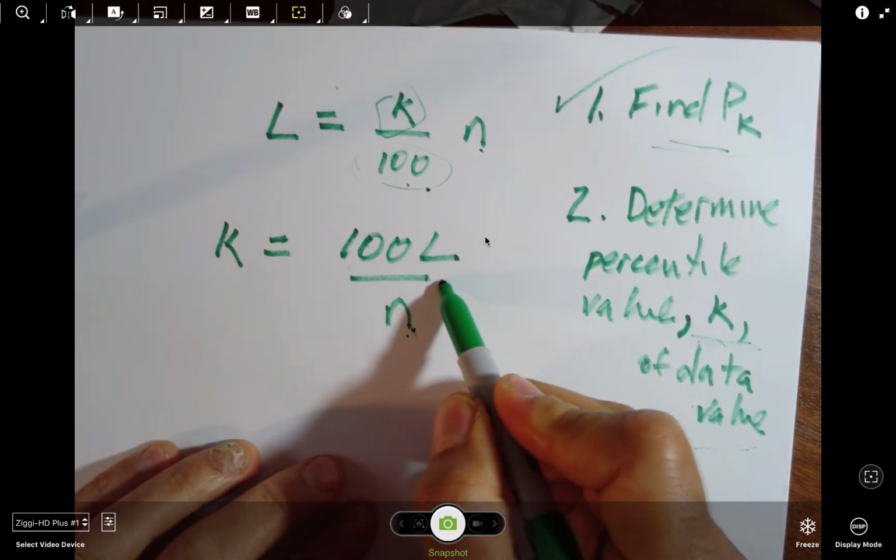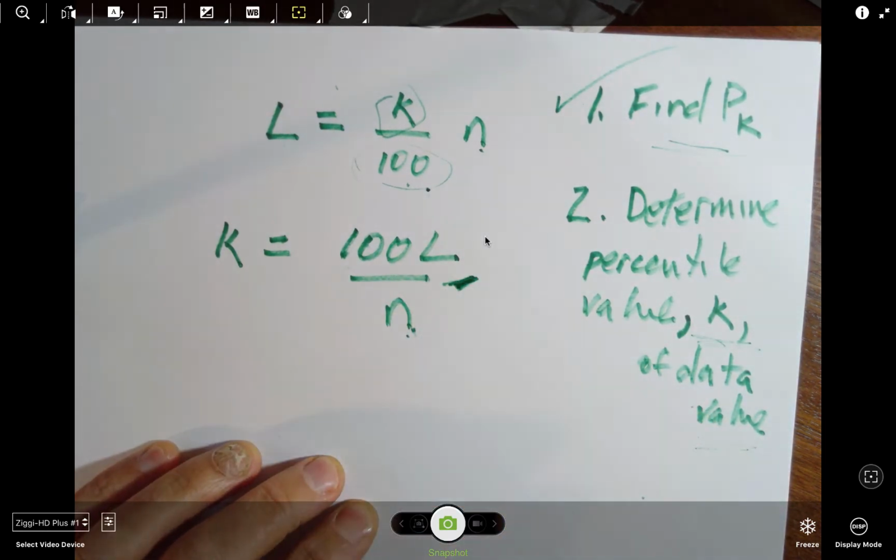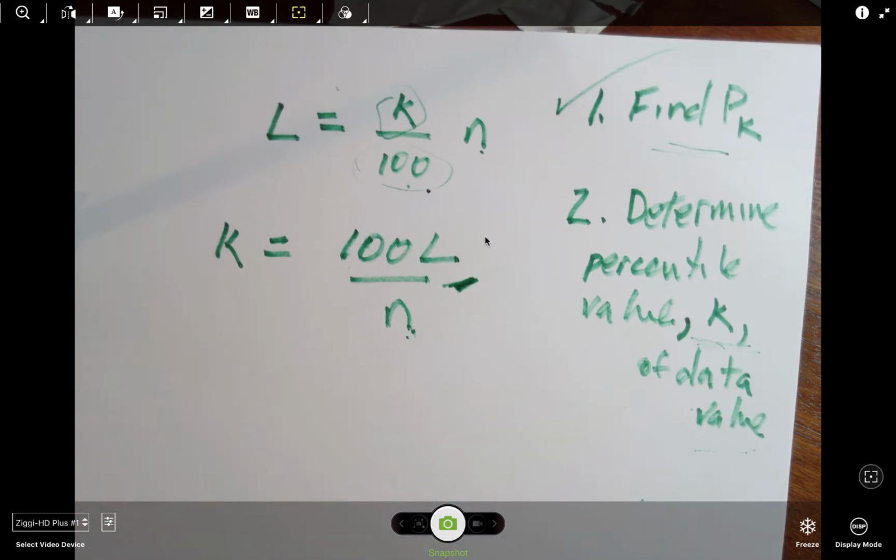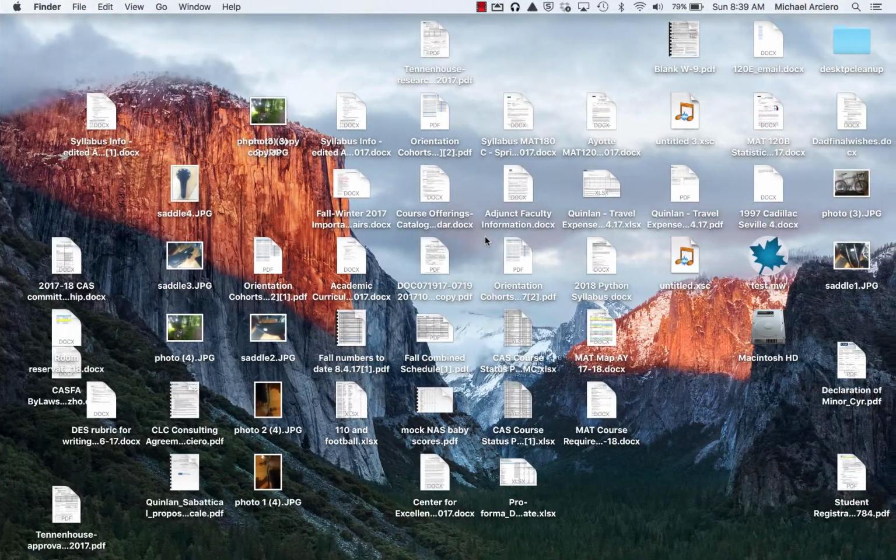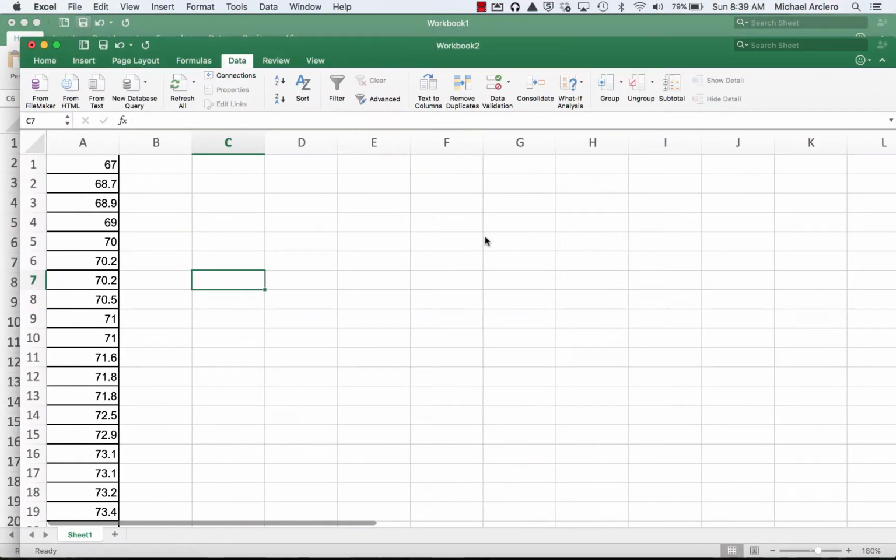Recall that L is the number of data values less than a given value. So let's go back to our VO2 max data and determine the percentile of this data value here. Okay, so 72.9 milliliters per kilogram is in which percentile?